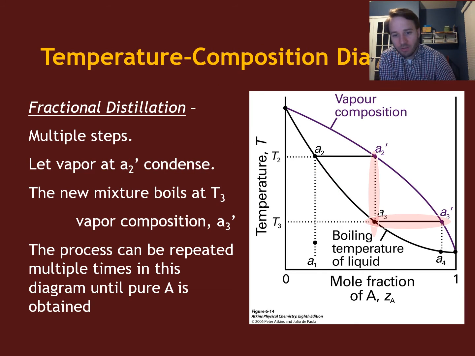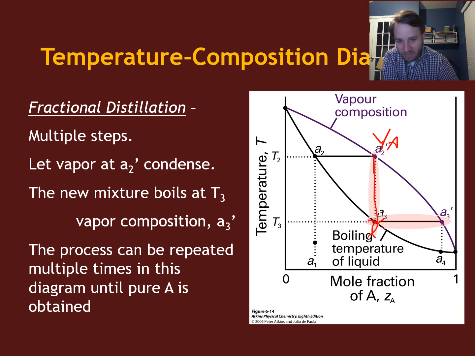But what I can do is this: I boiled off my liquid, and now I have it at this composition Y of A. I have some amount of gas phase at this composition Y of A as I'm boiling it off. If I then cool that vapor off, it's going to condense down to the liquid phase.